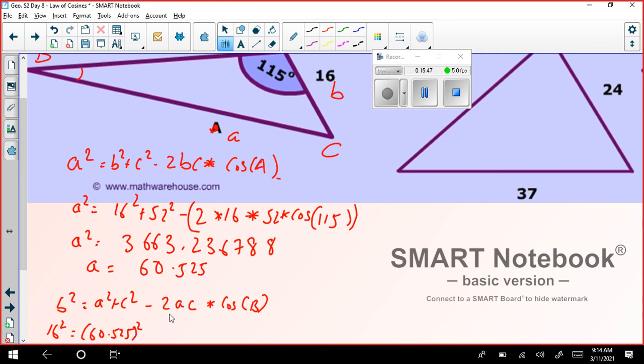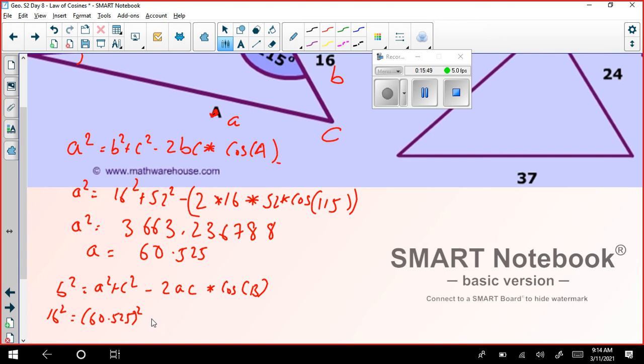And c square is nothing but 52 square minus 2 times 60.525 times 52 times cos B. We will simplify this, getting everything to the left side, and we will simplify this and keep on the right side.